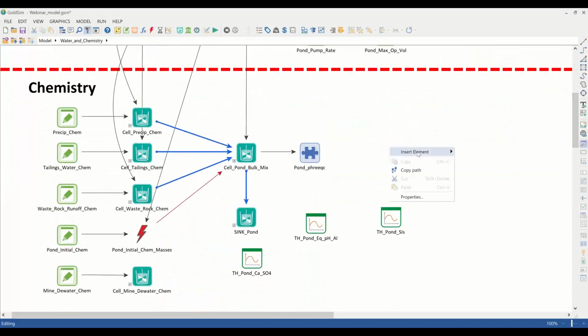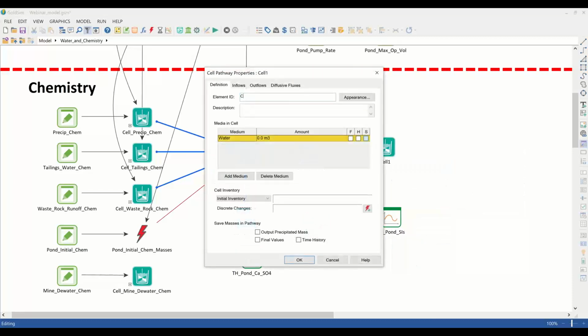So I'm going to add another contaminant transport or cell pathway element. I'll call this cell pond EQ chem.